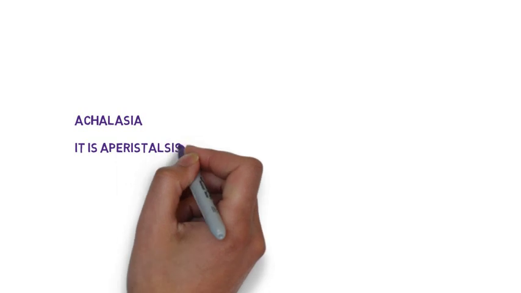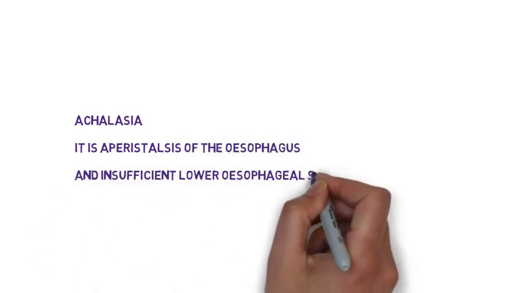So what are the key conditions that can cause dysphagia? Well, the first one I will speak about is achalasia, and this is a condition where there is insufficient lower esophageal sphincter relaxation, and there is a lack of peristalsis in the esophagus.